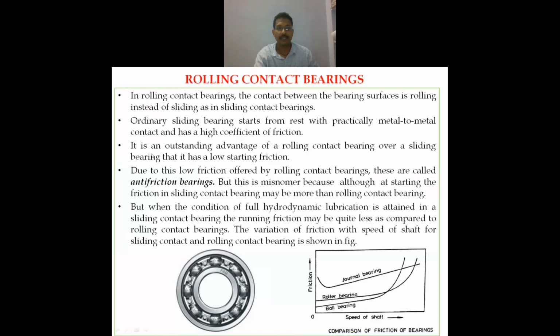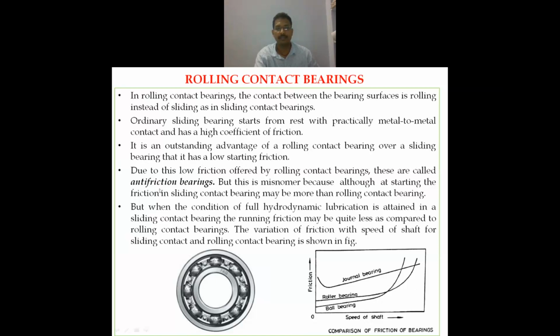It is an outstanding advantage of a rolling contact bearing over a sliding bearing that it has a low starting friction. You can find less friction in the rolling contact bearing when compared with the sliding contact bearing. Due to this low friction offered by the rolling contact bearings, these are also called anti-friction bearings.